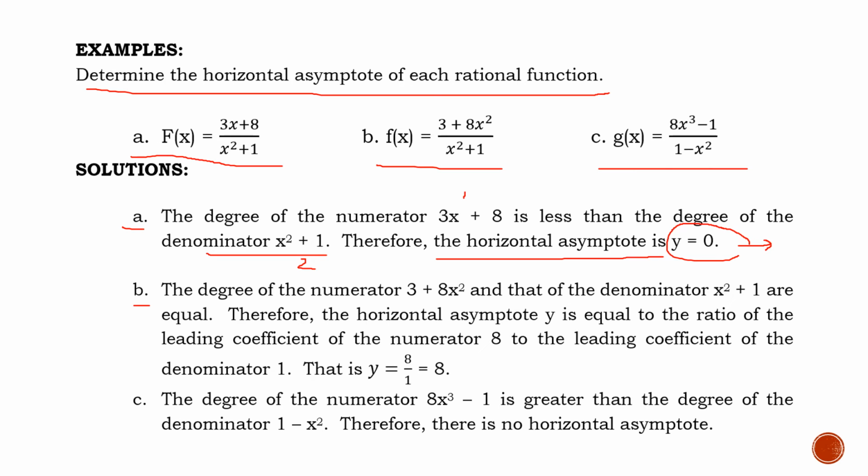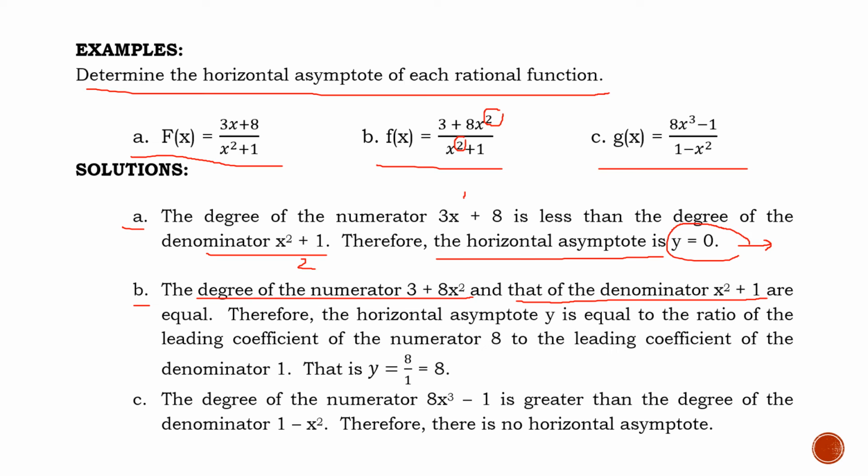For letter B, the degree of the numerator 3 + 8x² and that of the denominator x² are equal, because as you can see, the exponent of the leading term in both is 2, or they are in quadratic form.